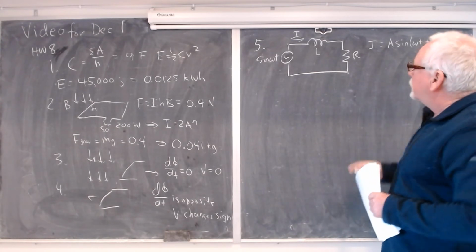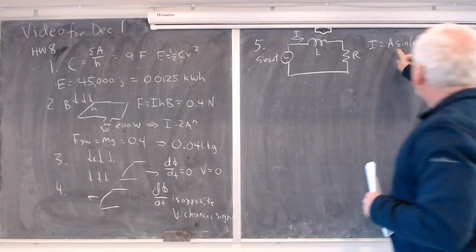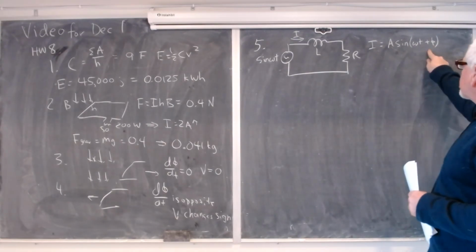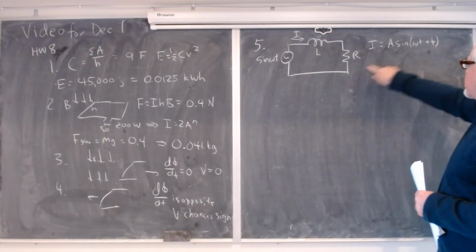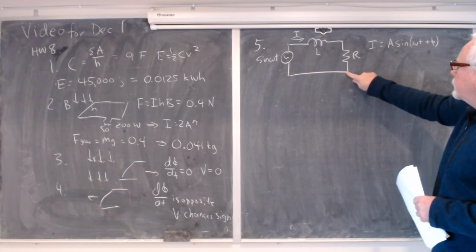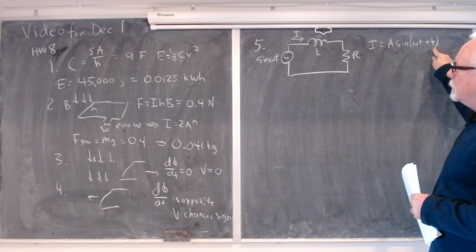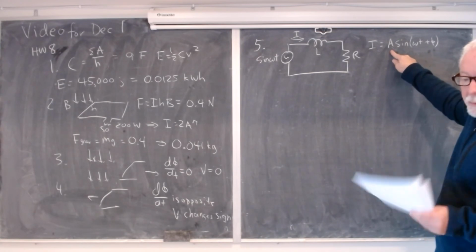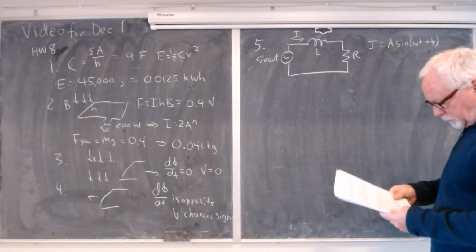And so all this is saying is that I is going to be a sinusoid. It's not going to be in phase with the voltage because of the inductor. And it's going to have some constant here.